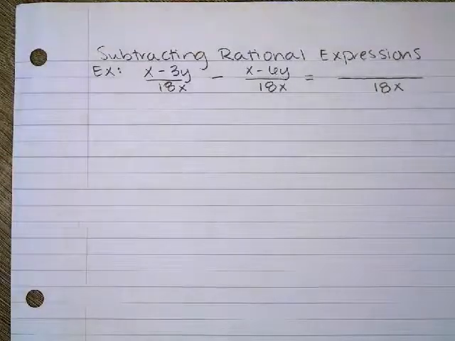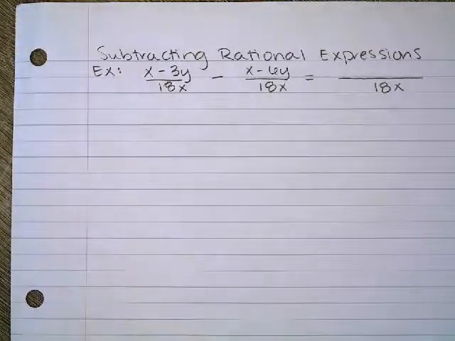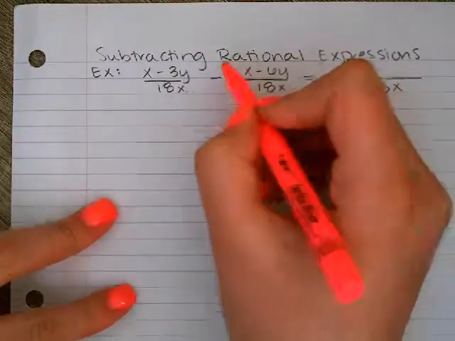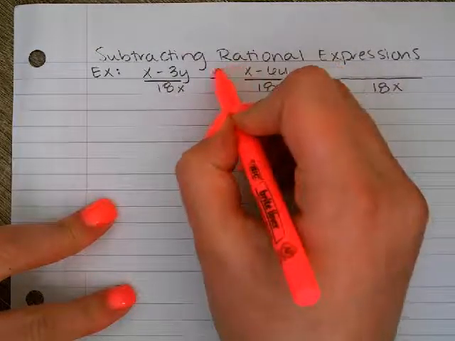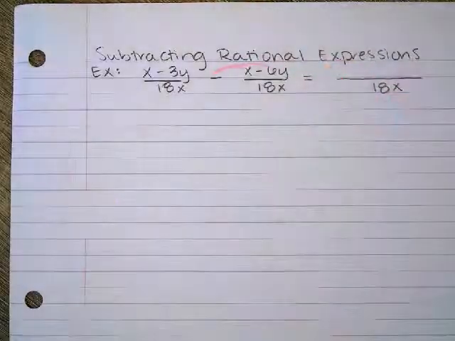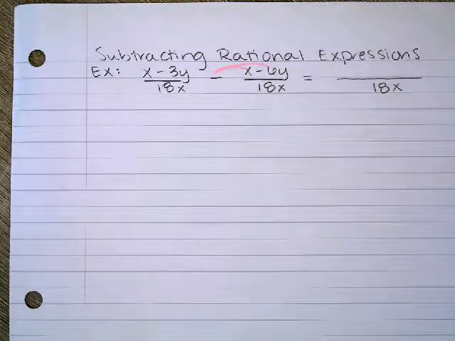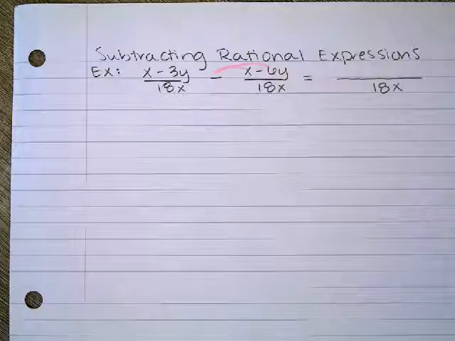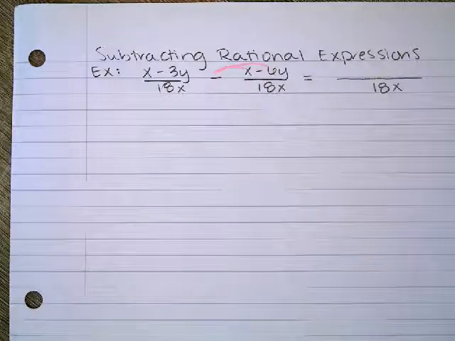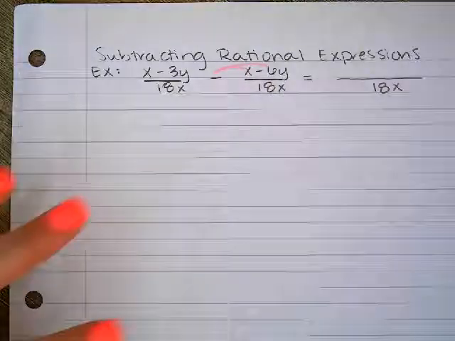The thing we need to be careful about today is to make sure that we distribute the negative for this subtraction problem. It's not even a bad idea to get a separate color to make sure that you are distributing that negative every time, because if you're going to make a mistake today, that's the mistake you're going to make.